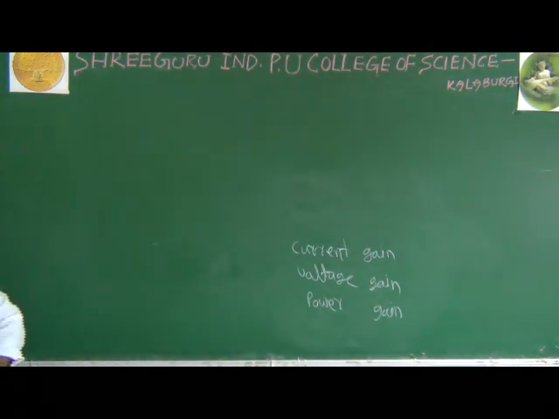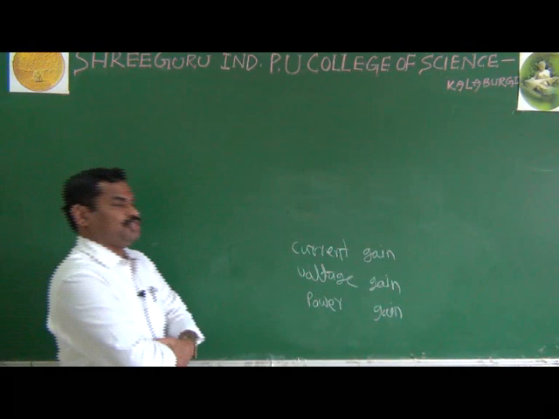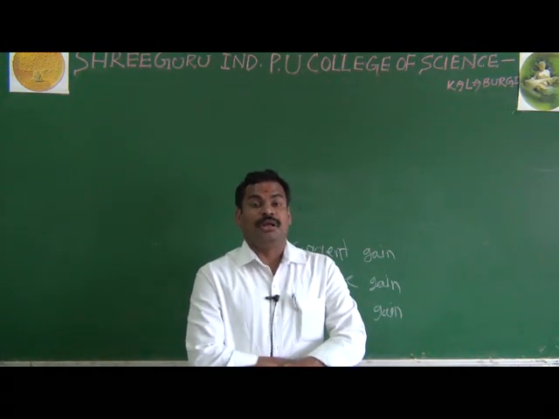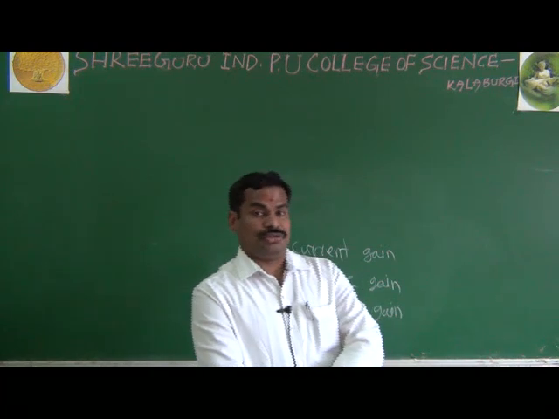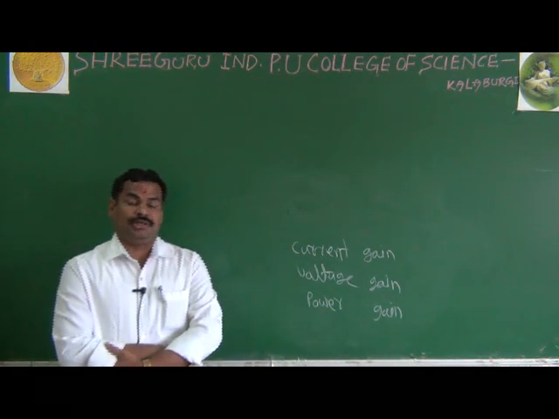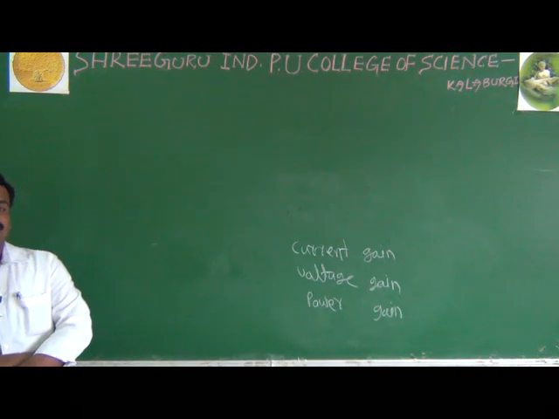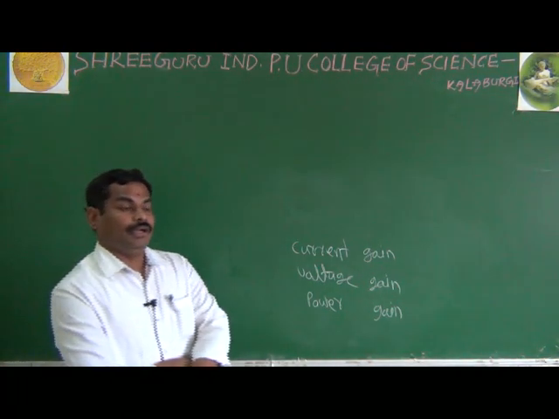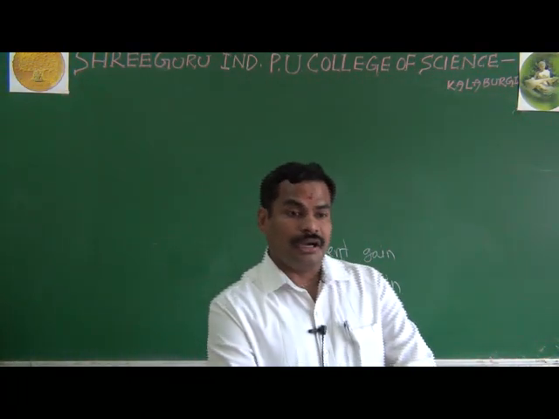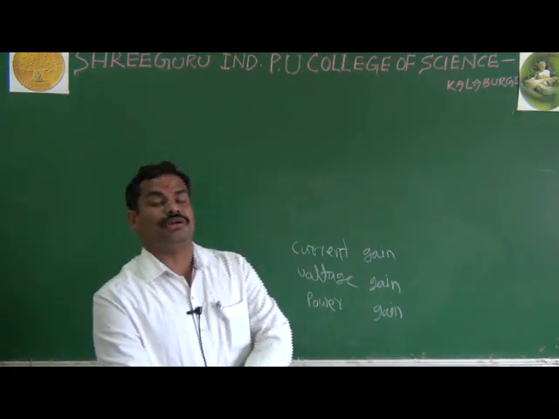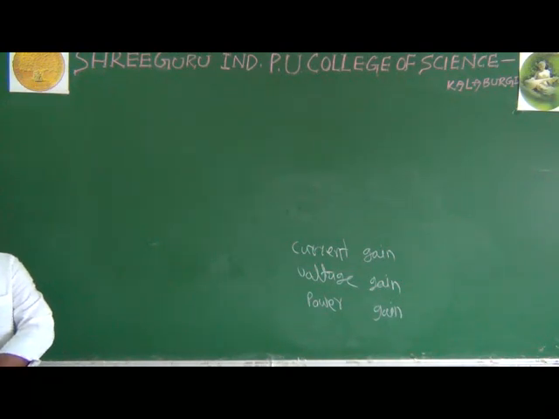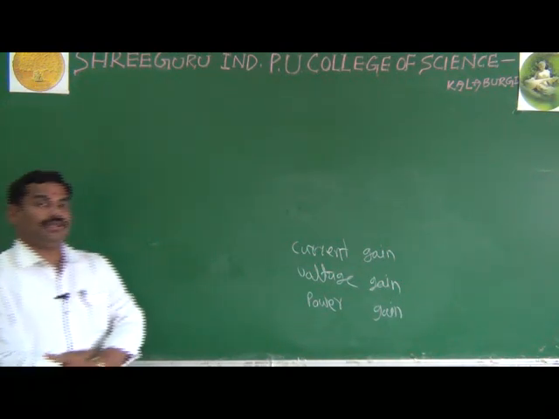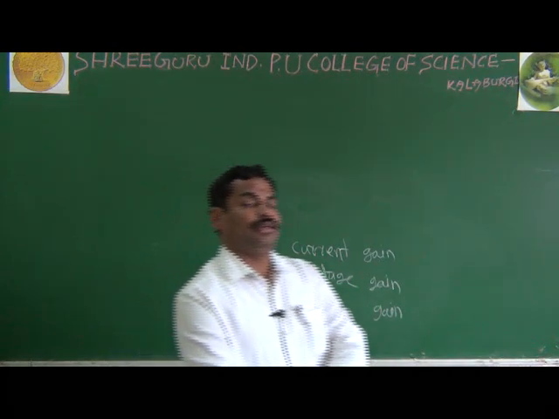Nothing but moving charges or moving electrons. As we know, the students are always moving. They are not sitting in the same place, and they are always active, very fast. Like that are electrons. Electrons also are not sitting in the same place; they are revolving.